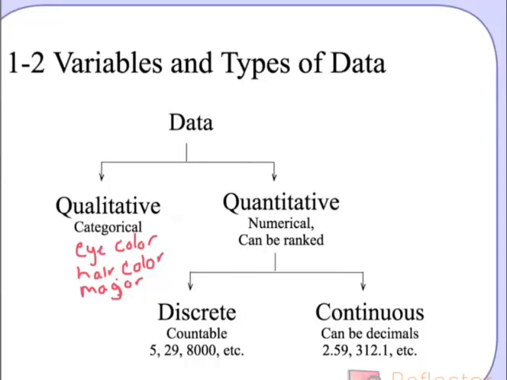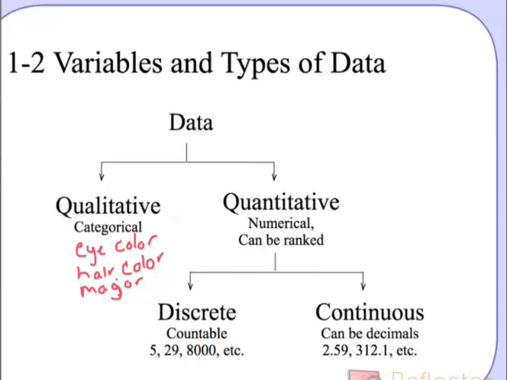The other type versus qualitative is the quantitative. Those that are numerical, numbers, okay? Underneath the quantitative can be broken into two different categories. The first is discrete, meaning it is countable.